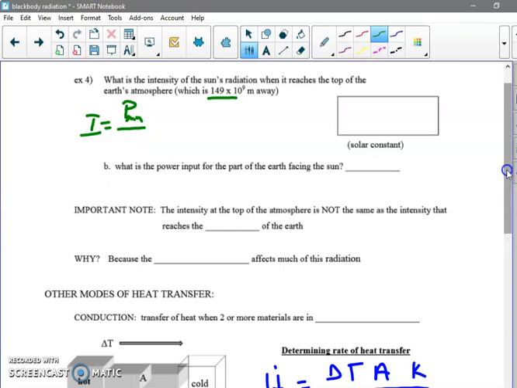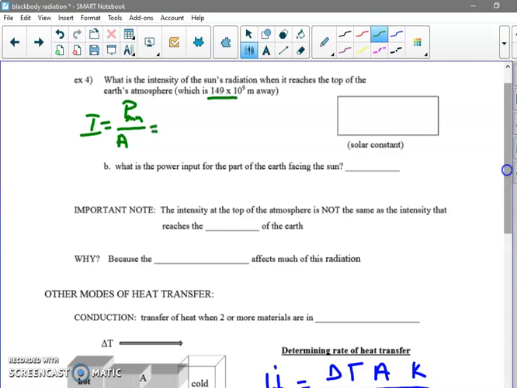When we start looking at energy emitted versus energy absorbed, we have to be careful to understand the difference between the object emitting it and the object absorbing it. I'm not going to put the Earth here, because it's not the Earth's surface area. It's the surface area of that sphere of radiation surrounding the sun at that distance.